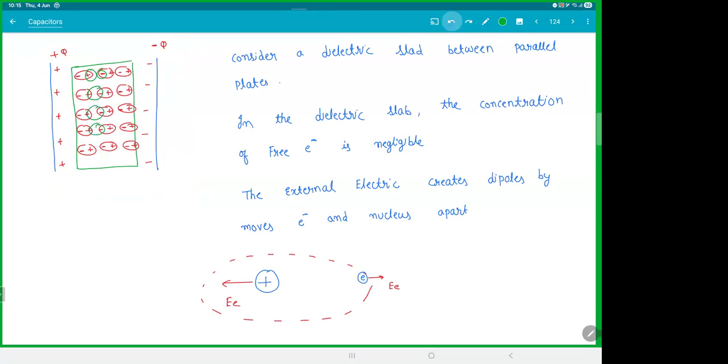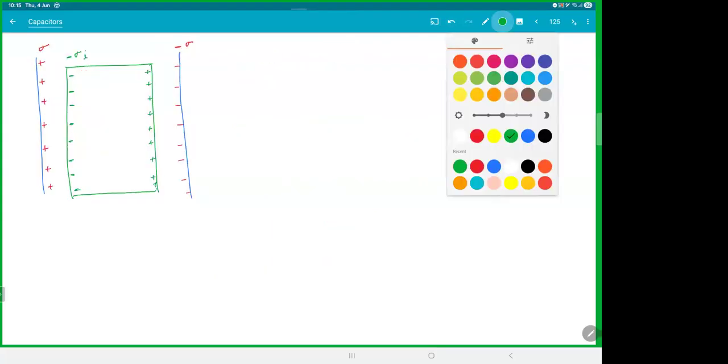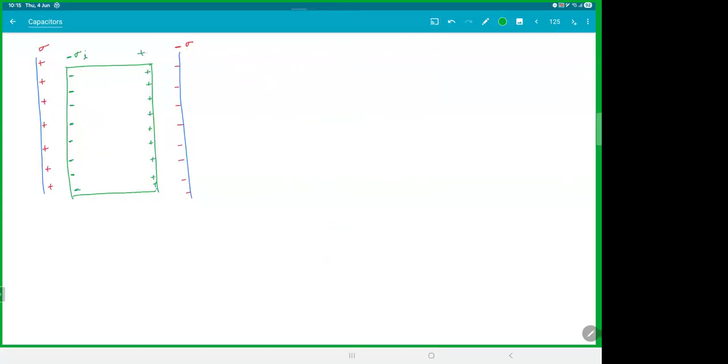So it gives you a feeling there are charges only on the surface. So you get plus sigma and sigma induced. Due to dipoles, you get induced charges on the surface of the dielectric. In the case of a conductor, it used to be equal and opposite.